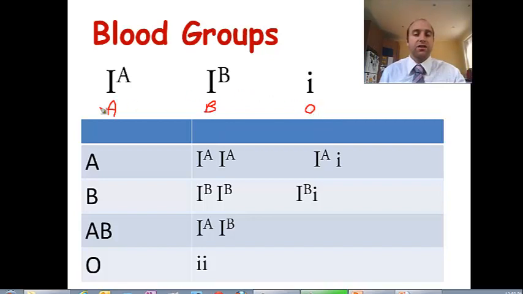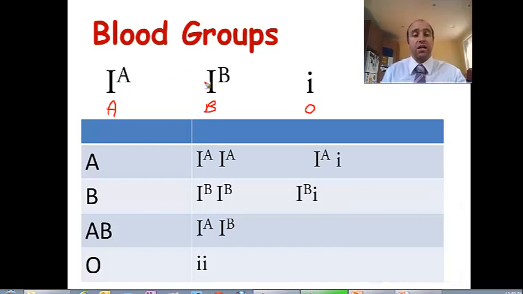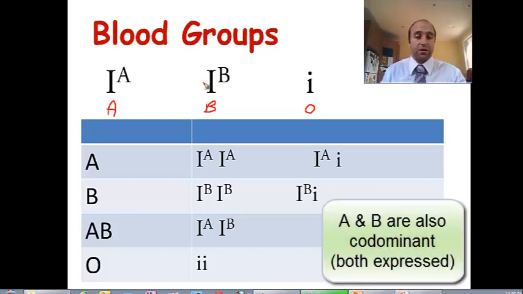These are the alleles that affect the behaviour of our blood, or the characteristics of our blood. We notice in these three alleles we have some written as capital letters, which are dominant over the one written as lowercase. So A and B are actually dominant over O, but A and B have been written as being codominant, so they're both equally expressed if they're present together as a heterozygous individual.